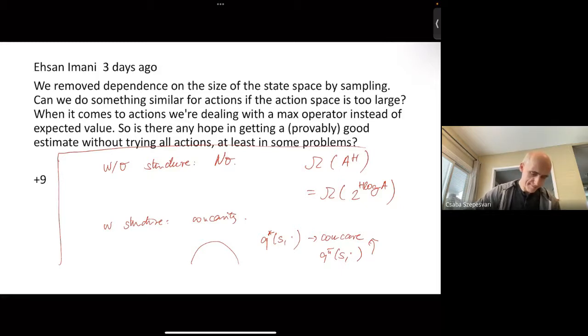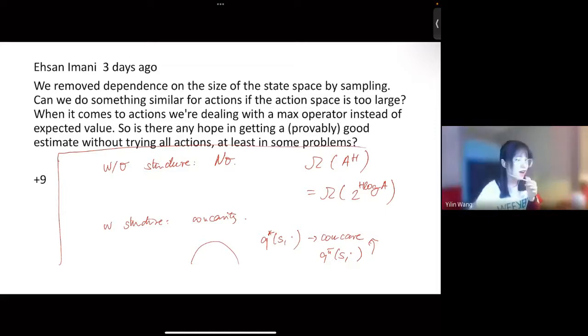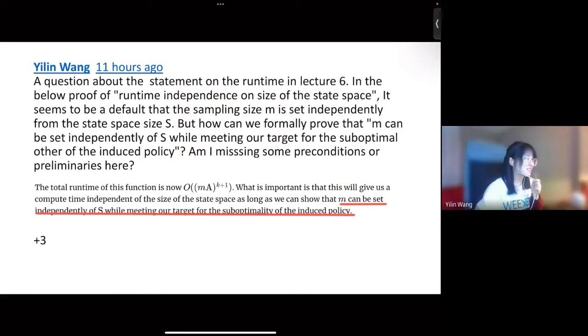All right, Yulin. Yeah, I was going to ask about how can we formally prove that M can be set independently from S, but now I think I see the point. Maybe after the derivation we have gone through just now, we have achieved the lower bound that is independent from the size of the safe space.